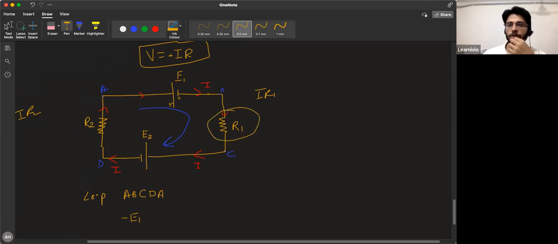I'm asking about the voltage across this. Yes, IR1, right?